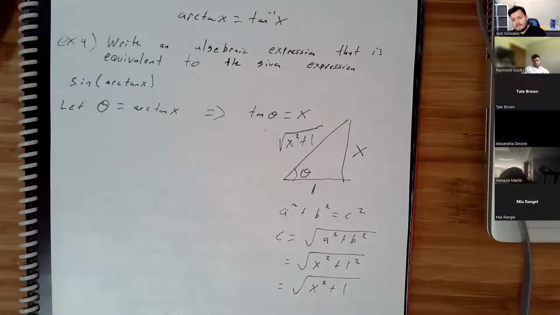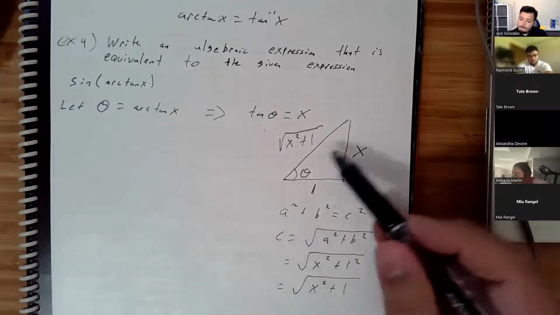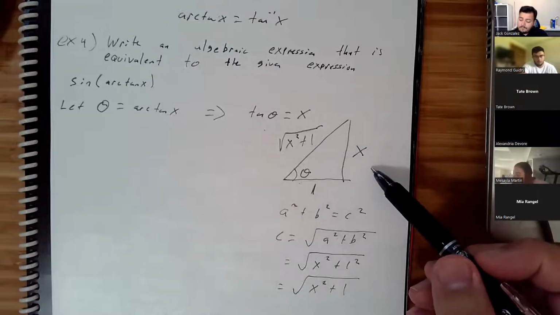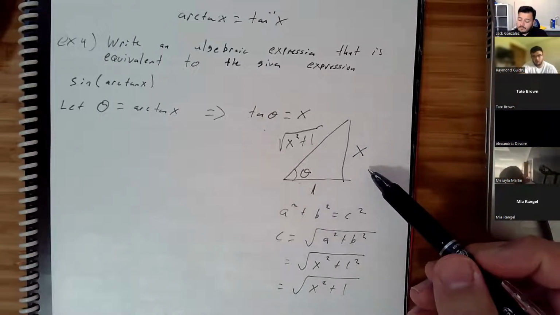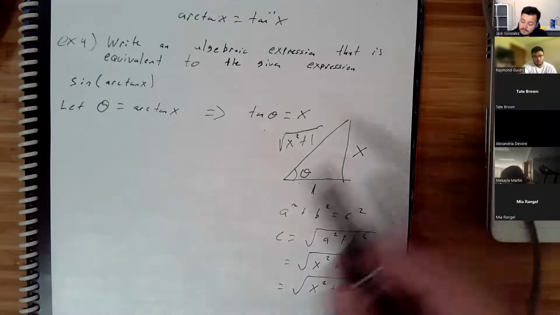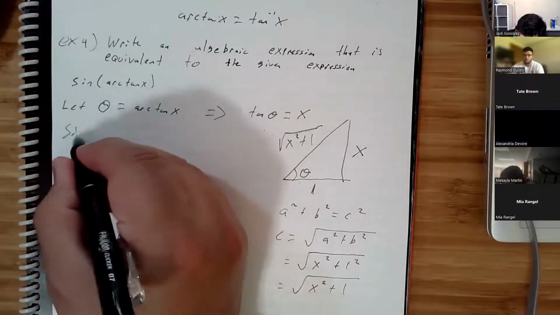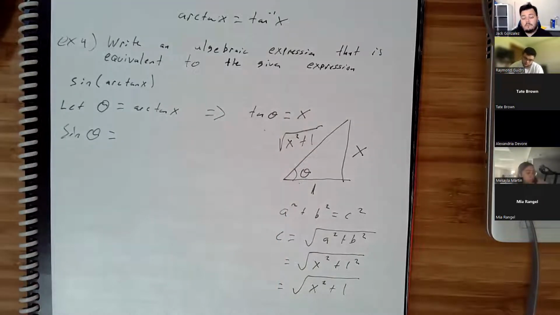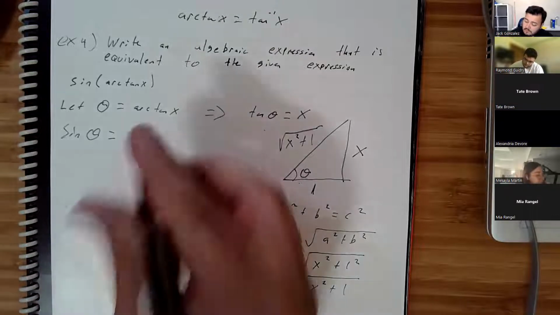So what is sine? Let's use a triangle. Yeah, opposite over hypotenuse.